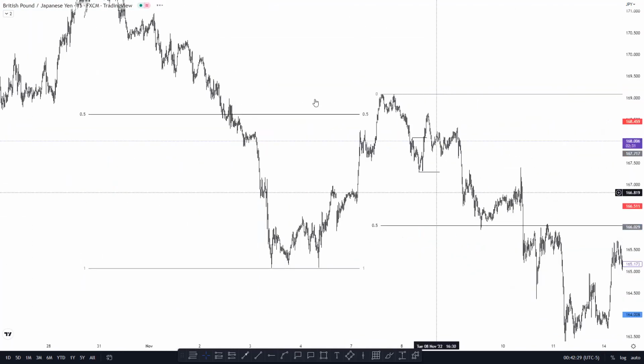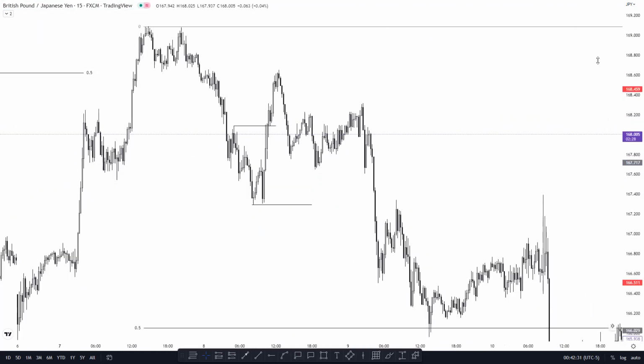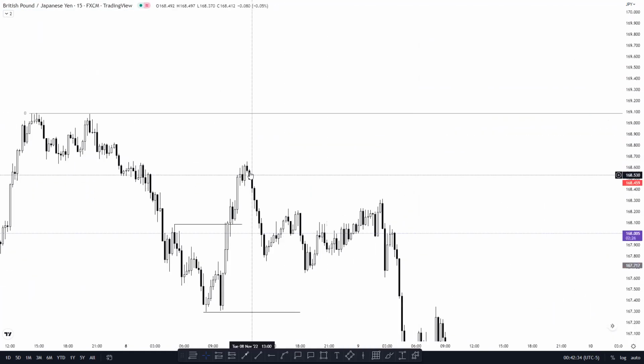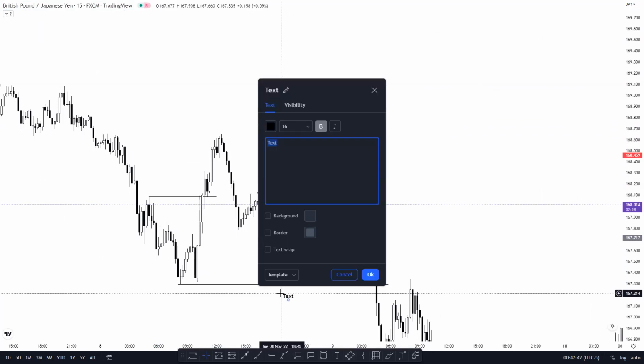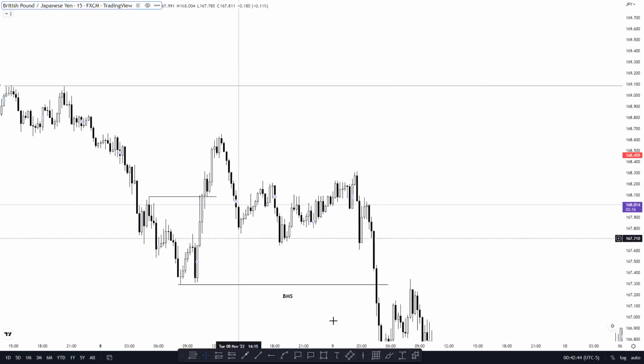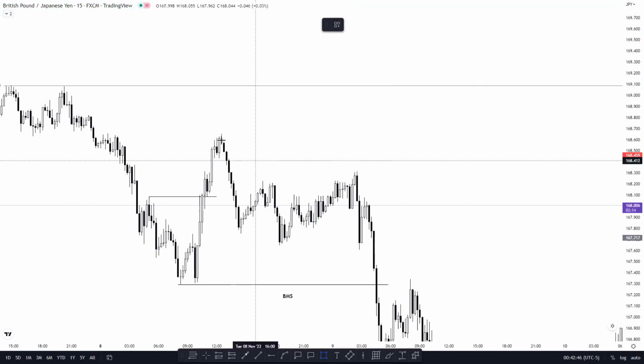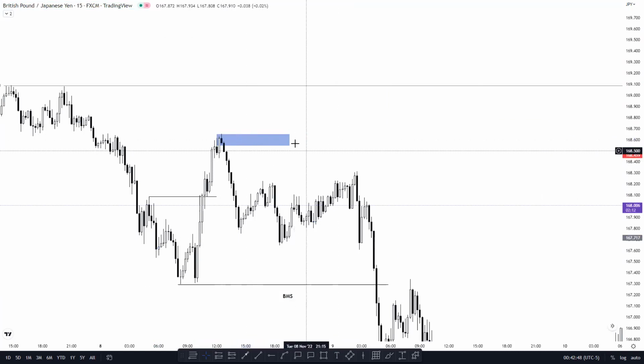So we have something like this in here, right? Because this candle is responsible for this break in market structure. So we will choose this candle as our point of interest.